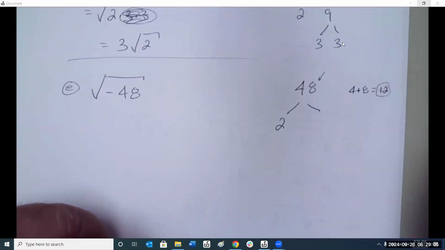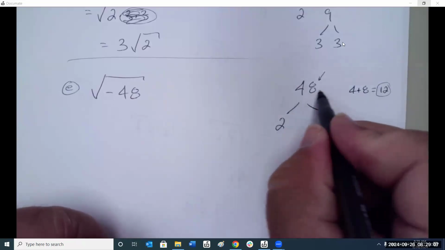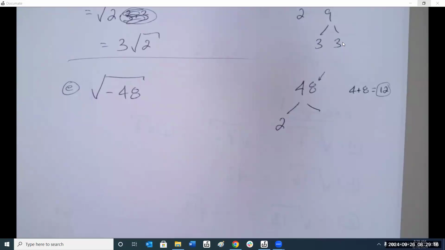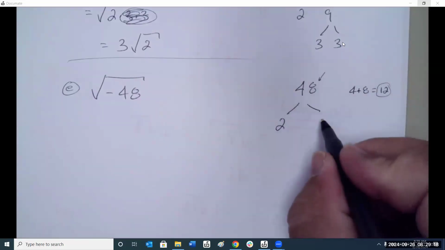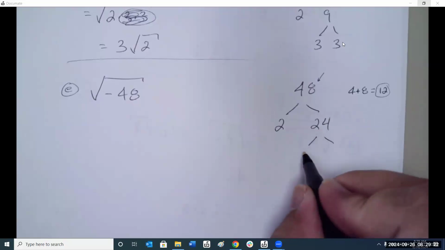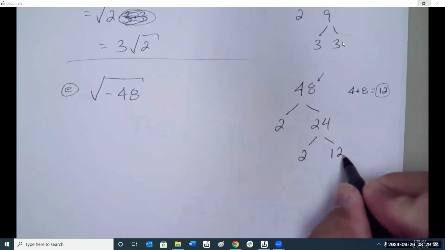Is that number divisible by 3? That means 48 is divisible by 3. So 2 goes into 4 twice, 2 goes into 8 4 times. It's 12.